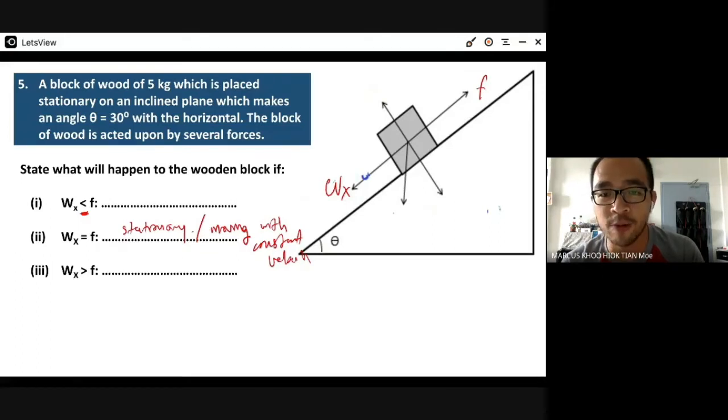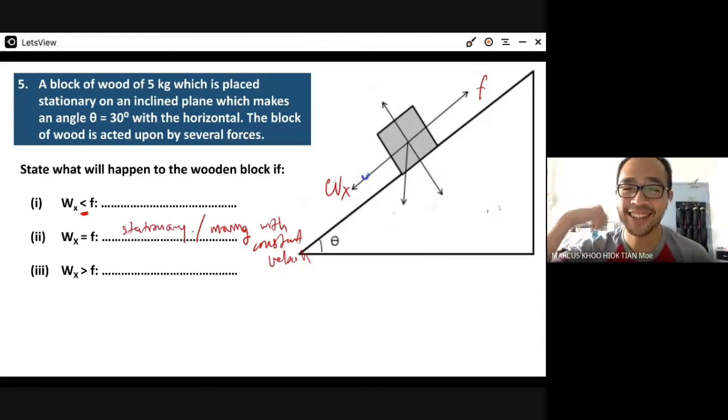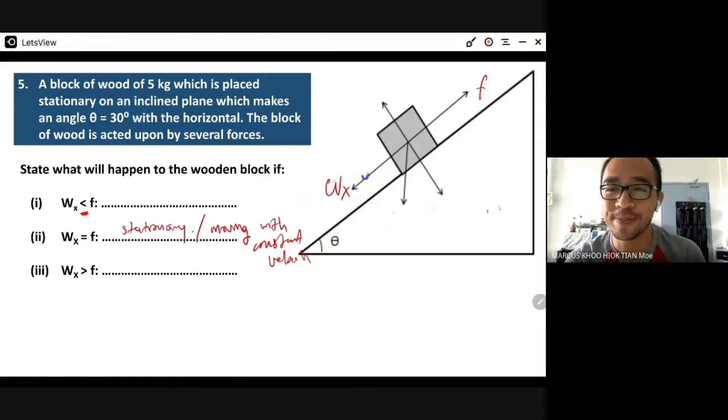Louis said the block of wood will still slide down. That's interesting. So one person says it's stationary, one says it slides down. Wait. Louis, Wx is smaller. So the weight component is smaller than the frictional force.